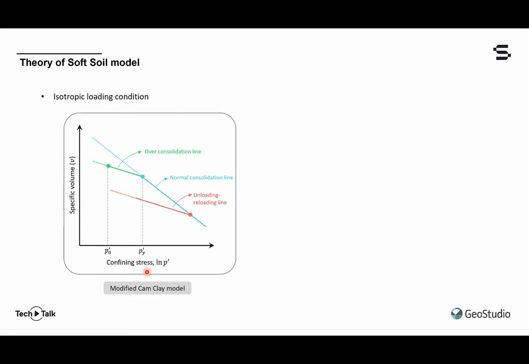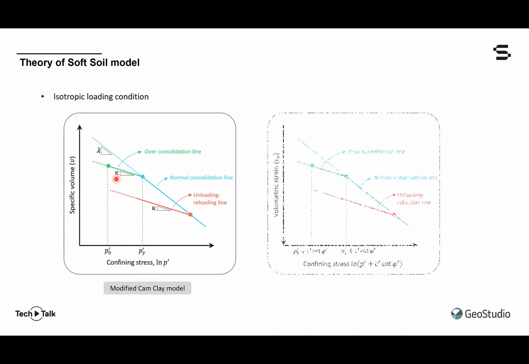In this model, the compression indices for normal compression and overconsolidation are represented by the Greek letters lambda and kappa, respectively. In a similar way, the isotropic elastic and elastic plastic responses are assumed to be linear in the soft soil model.